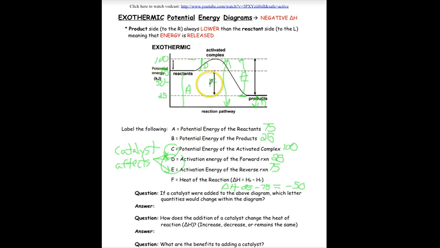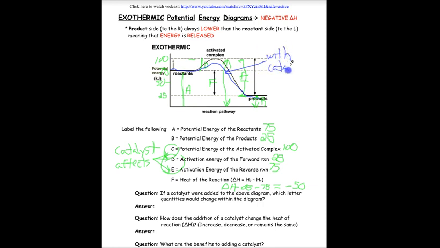So what would it look like? Well, if I added a catalyst to this, here's what would happen. Let's make it a different color so you can see the difference. Let's make it blue. The reaction would start out exactly the same, but it would not go up as high, and it would end and begin at the same exact place. So this line is with a catalyst.